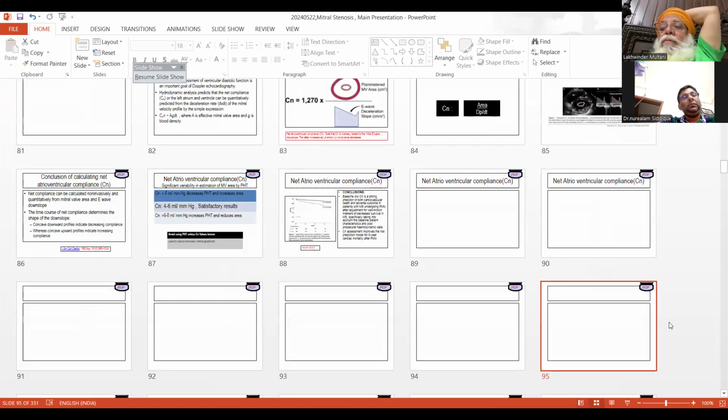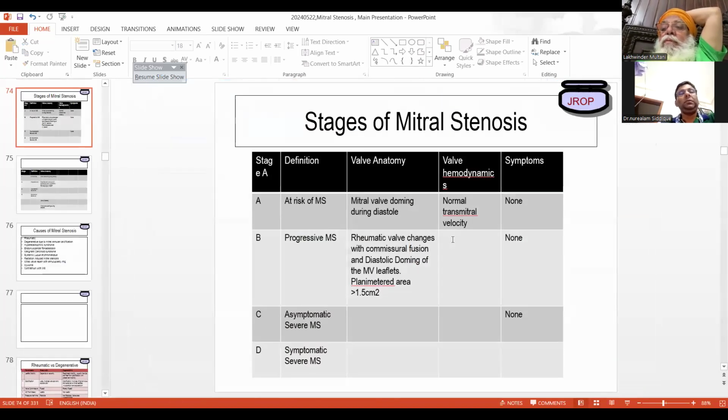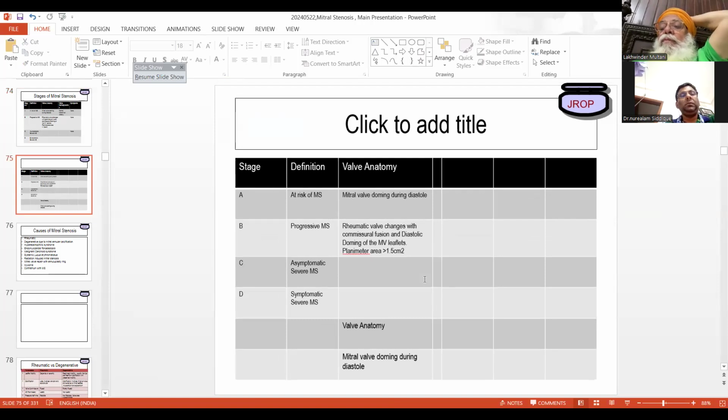How do my patients behave and what is their issue, whether they belong to severe, very severe or progressive mitral stenosis. This is a slightly different work altogether as far as the valve is concerned.